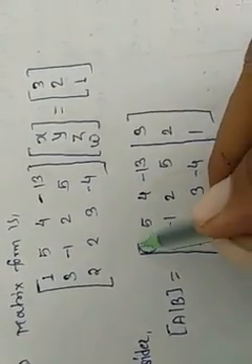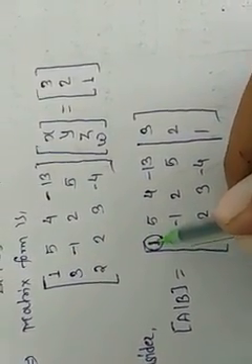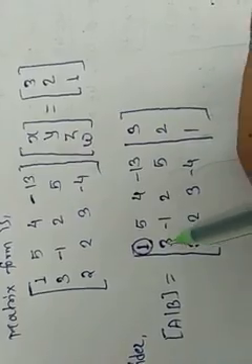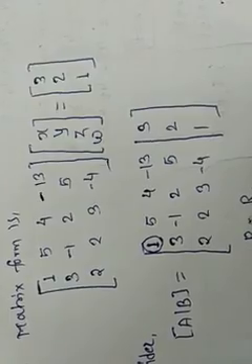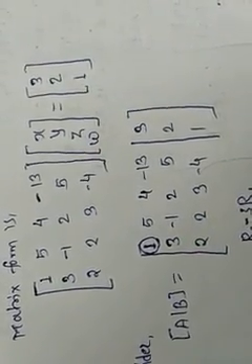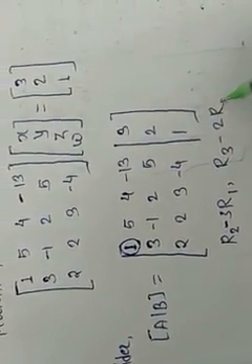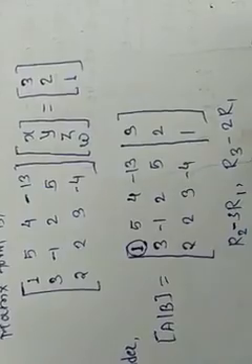Here a11 is 1, so it is our first leading one. Now we apply row operations: R2 minus 3R1 and R3 minus 2R1.